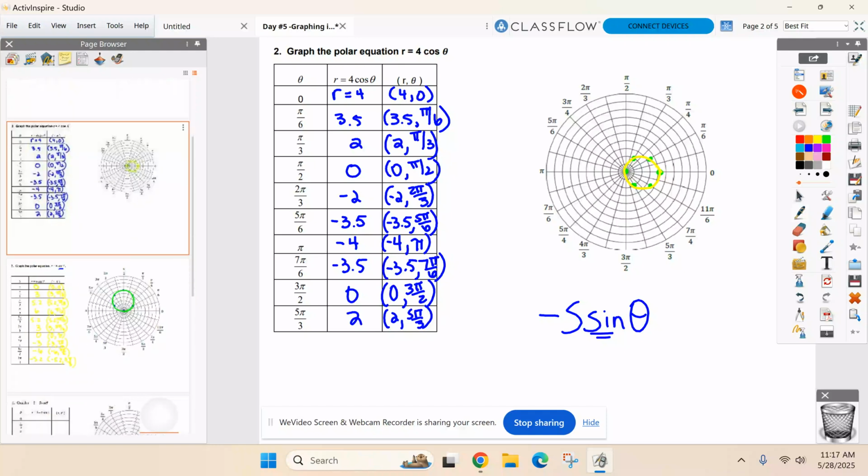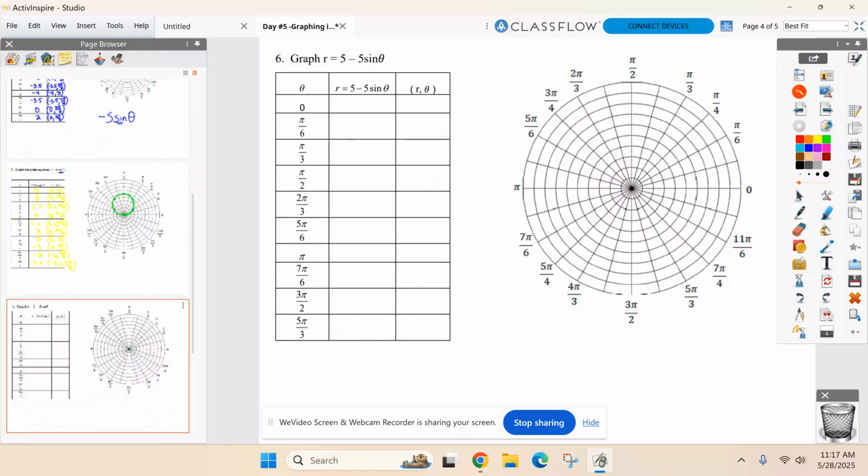Now we're going to get real artistic. Not a circle, right? Because I added that extra 5 in there with subtracting. Okay, fill in your table. Still, fill in your table. We got to take our time graphing this bad boy.